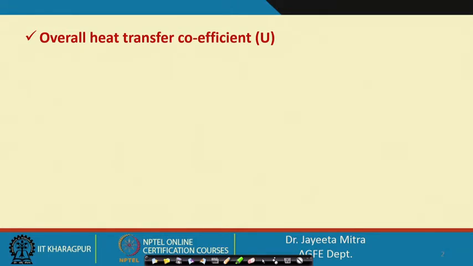So, the overall heat transfer coefficient includes the conductivity and also the effect of convective heat transfer.